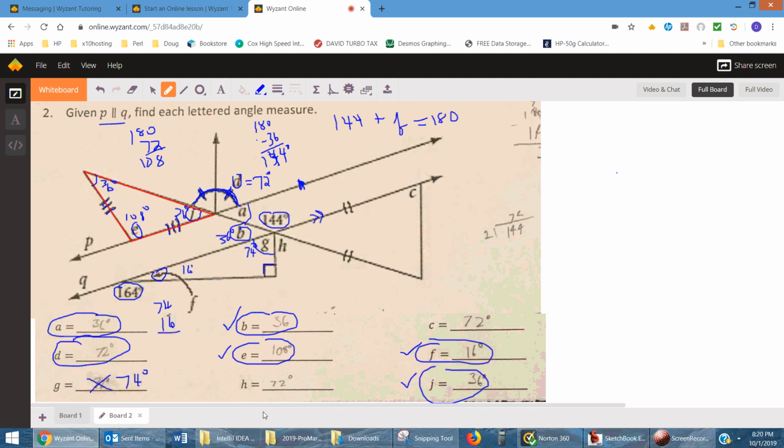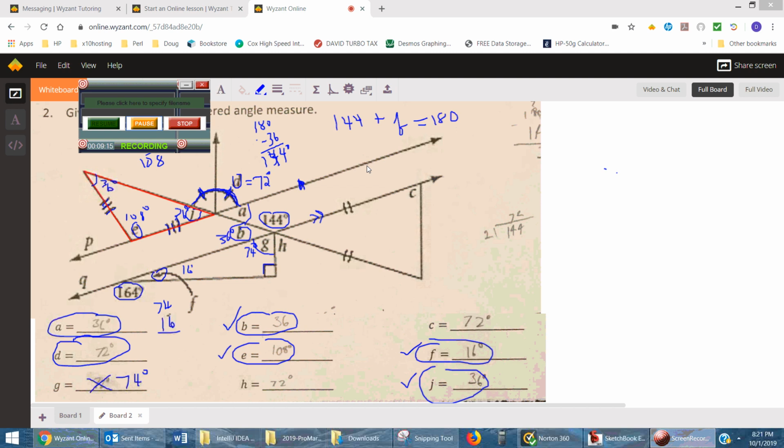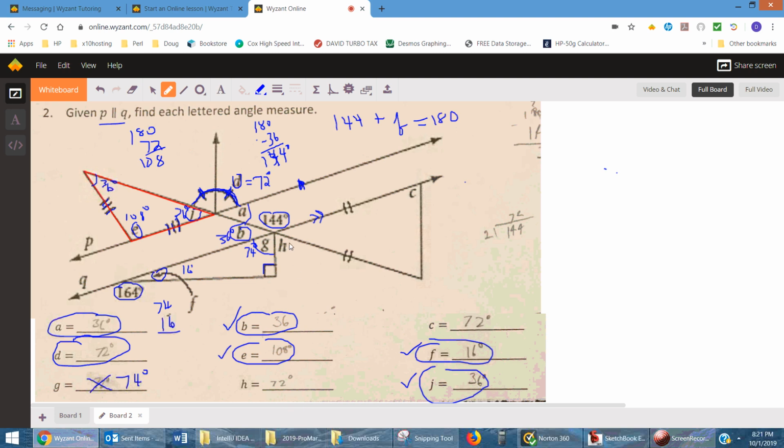What have we got left? H. Where's H? H is here. I'm going to pause the video again and look at H. Okay, same deal. This angle right here forms a linear pair with 144. So this angle is 36. But this is an isosceles triangle.